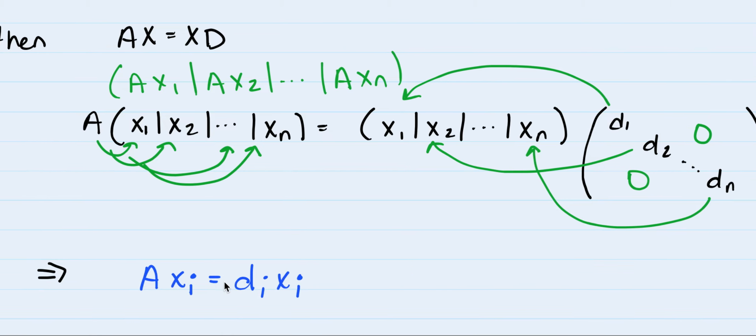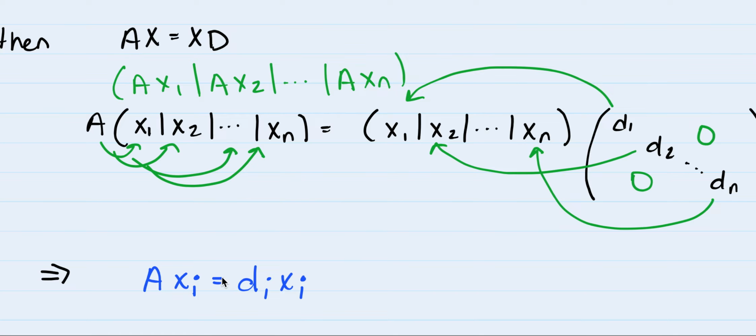So let's just review real quick what we've done. We've broken a matrix X that is invertible up into its columns. And by breaking it up into its columns, we can see that if we multiply by A and then by this matrix D on the back, we get that A times Xi is equal to Di Xi.